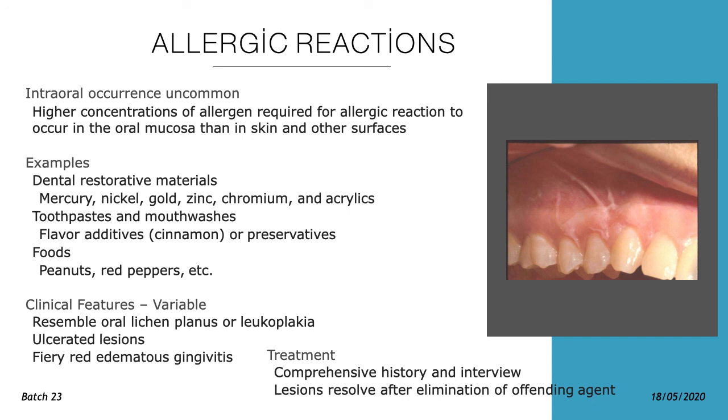The most frequently seen allergens are dental restorations, toothpaste and mouthwashes, and food. Dental restorations like mercury, nickel, gold or chromium can cause allergic reactions, or a component or preservative in the toothpaste can cause an allergic reaction in the oral cavity. Some patients are even allergic to foods like peanuts and red pepper, which can manifest in the oral cavity.